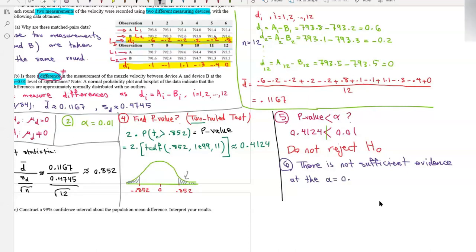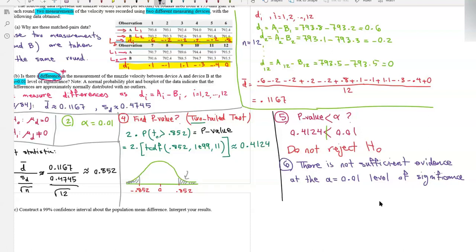So our alpha was 1%. You don't need to write this one. You can write exactly what we did before, but I'm writing in different ways so you can see. So there's not sufficient evidence to conclude.